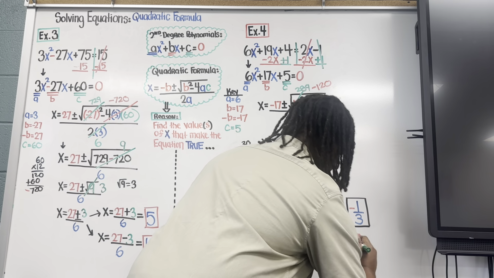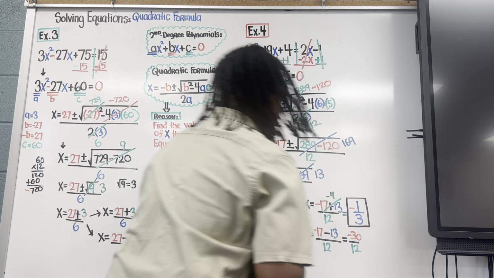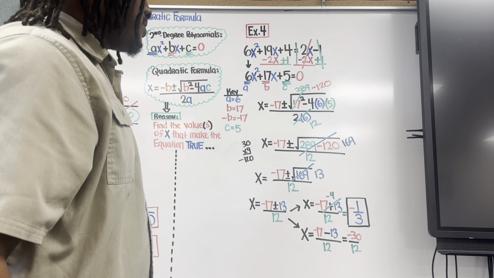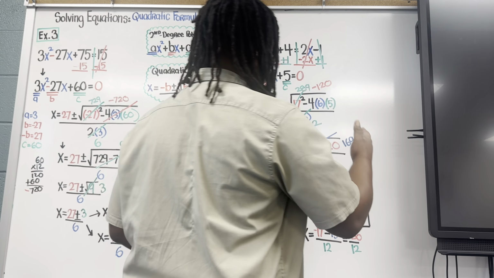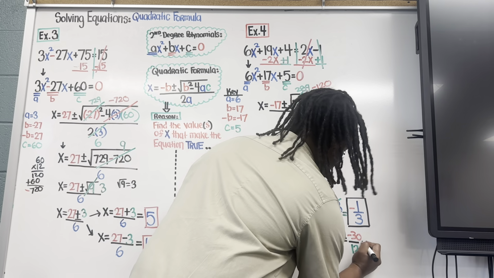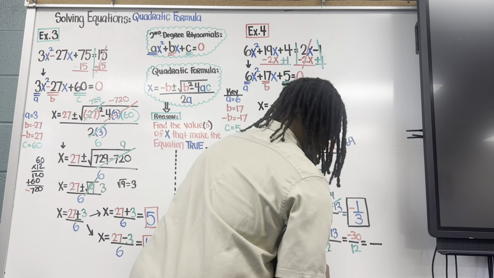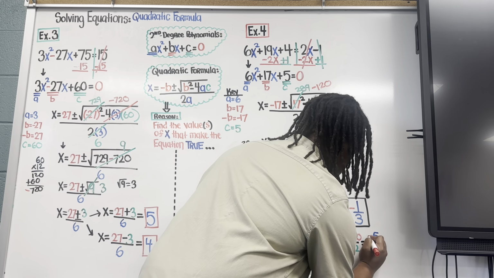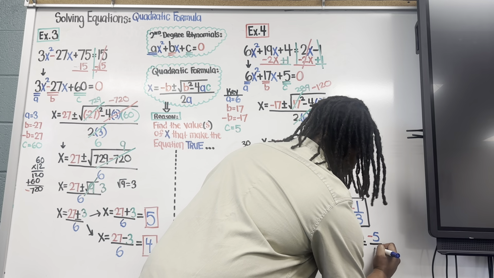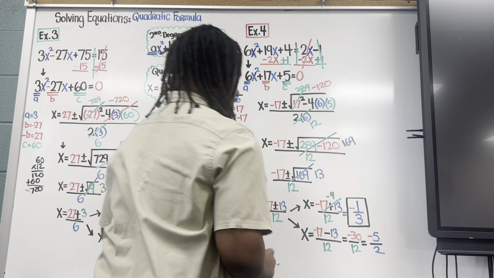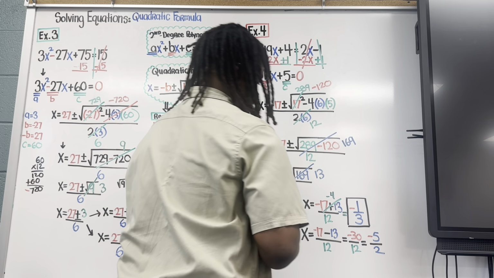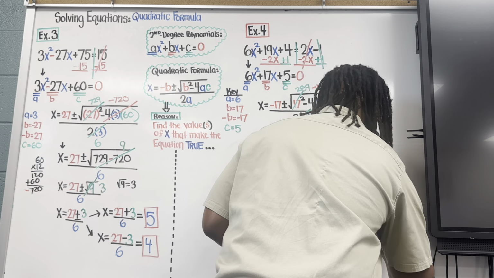So I have negative 30 over 12. I can simplify that by dividing top and bottom by 6, and it will equal a negative 5 over 2, because negative 30 divided by 6 is negative 5, and 12 divided by 6 is 2.